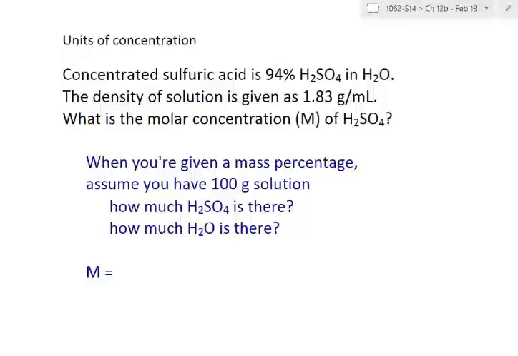This one is going to suck a little bit, if I'm being honest. Because this is a calculation that I've had to do more times than I can count. When we buy concentrated sulfuric acid, what it says on the bottle is it's 94% H2SO4, H2O.